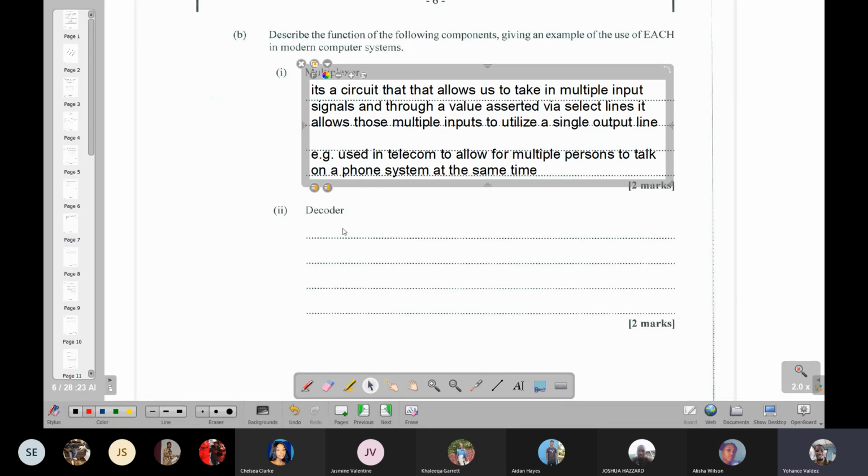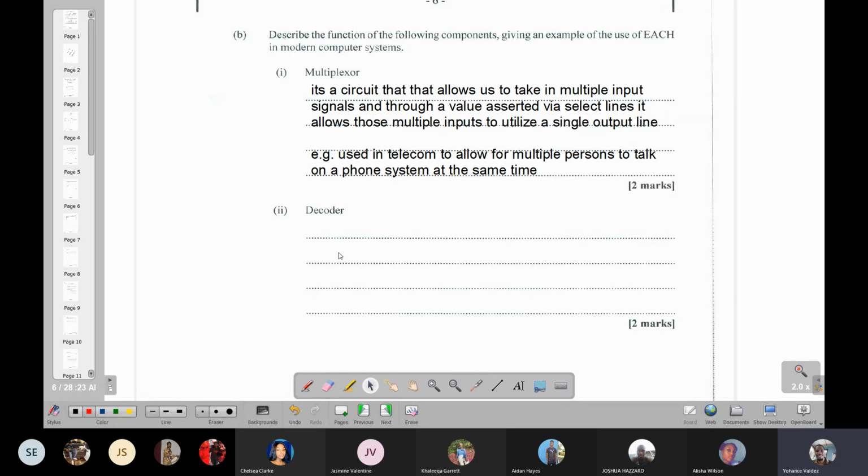All right, and a decoder is different from a multiplexer. Some of you had an answer that kind of tied the two together, but a decoder is different.